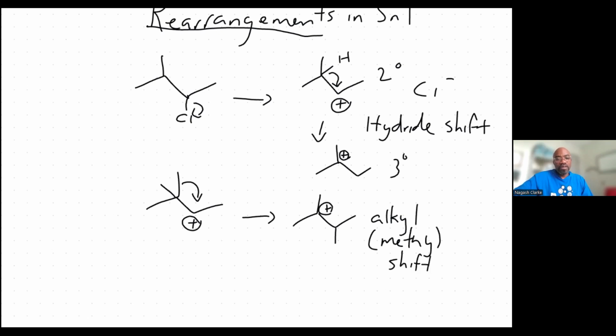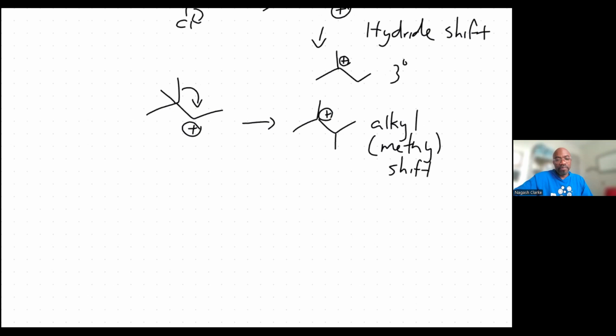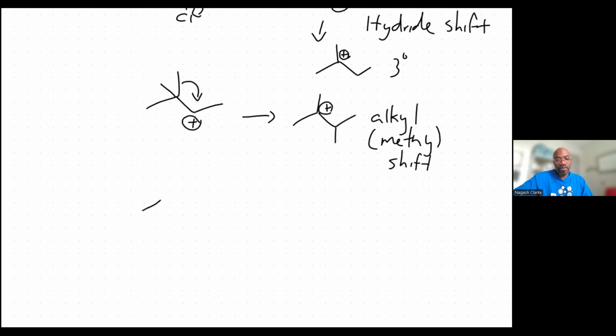Now sometimes we can have shifts happen to give us the same degree carbocation, but the shift happens in order to give me a resonance stabilized carbocation. So here we have a secondary to secondary shift.